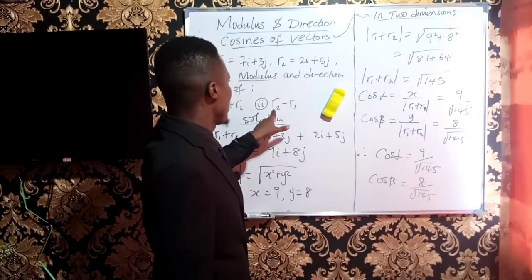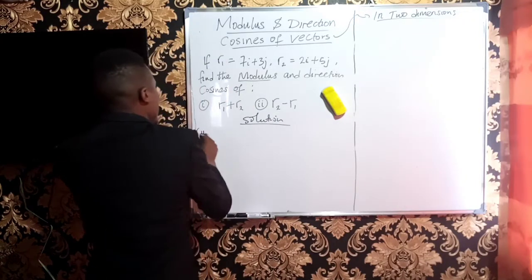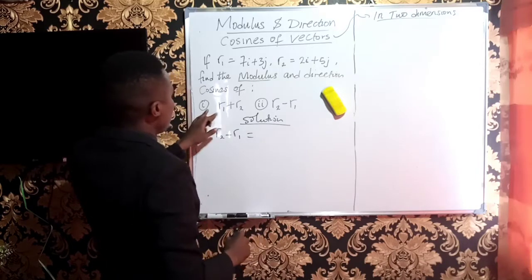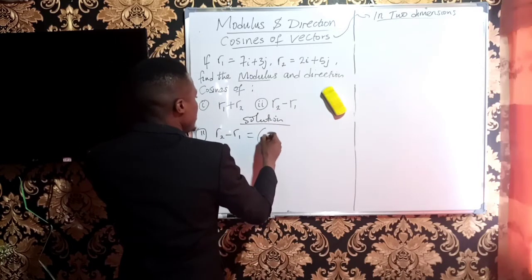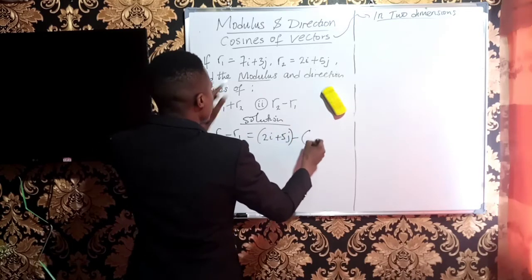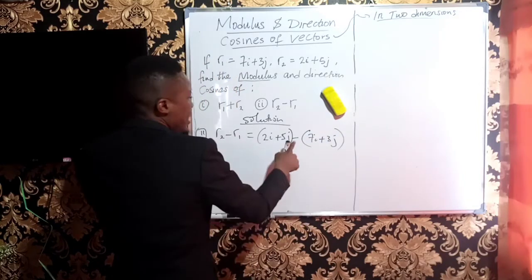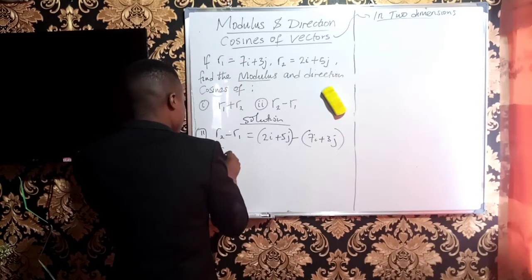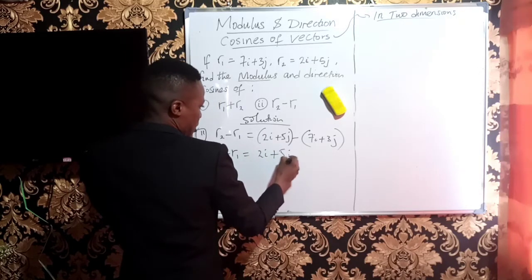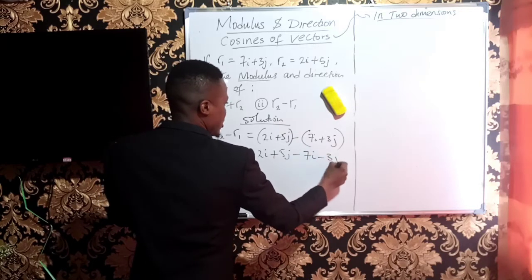Okay, let's go to the second one, where we have r2 minus r1. My r2 is 2i plus 5j minus r1, which is 7i plus 3j. The negative affects everything in the bracket, so we have that r2 minus r1 will give us 2i plus 5j minus 7i minus 3j.